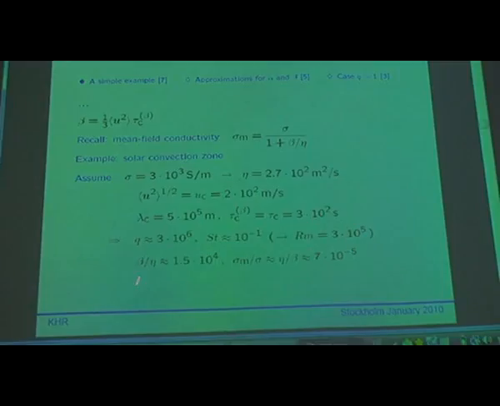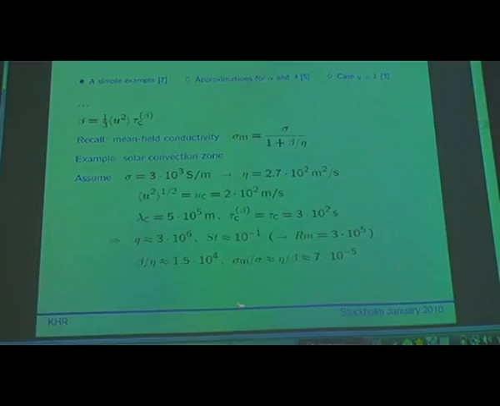Then calculate this beta over eta, and then sigma m over sigma, the mean field conductivity compared with the original conductivity, is a value in the order of 10 to the minus 4.